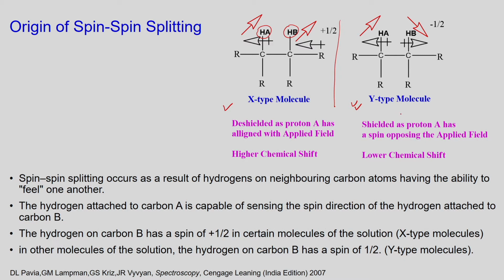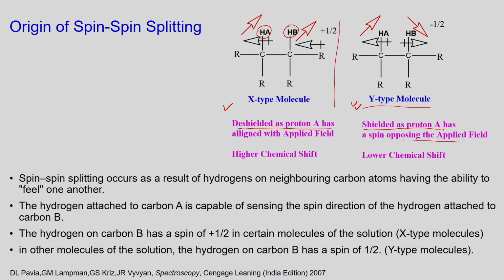Now, consider the other type of molecule, which is a Y type molecule. Here HA again senses a nucleus HB, but that nucleus will have a spin opposite to itself. It will have minus half spin. Because of the negative half spin, it will oppose the applied magnetic field. You have a deshielding effect here and a shielding effect here.